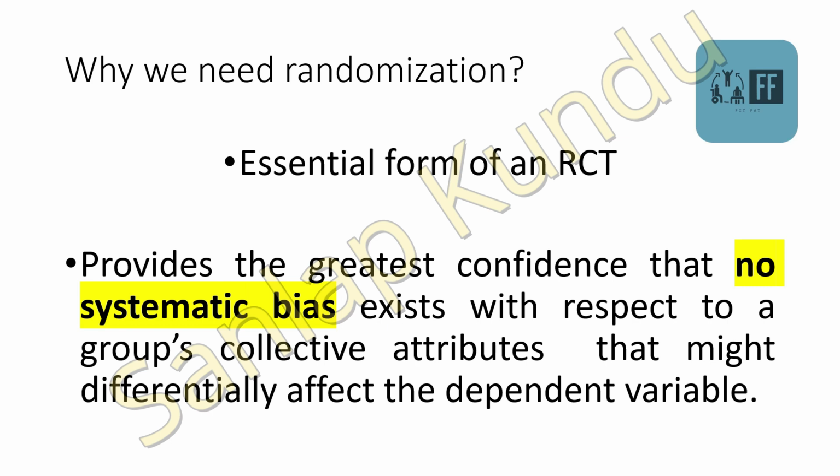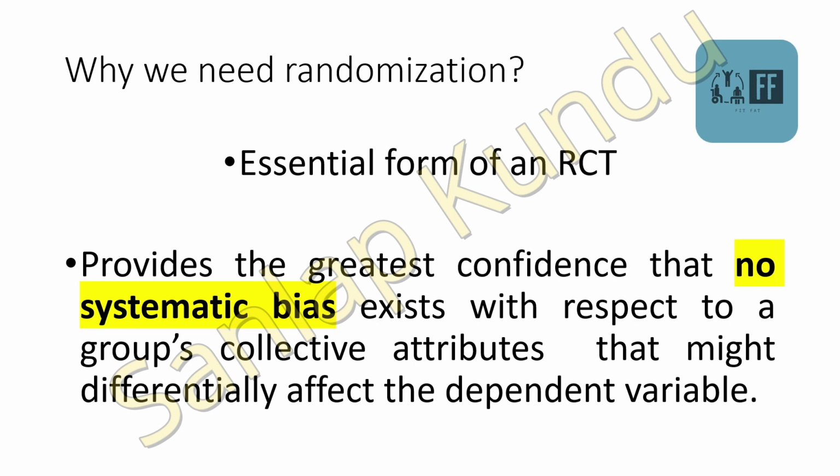First, it is an essential part of an RCT. Now, if you're doing an RCT, or randomized clinical trial, as the name suggests, you need to do a randomization so that your study is valid. Now, remember, RCT has the highest level of evidence in the Oxford Level of Evidence Scale with a marking of level 1B.